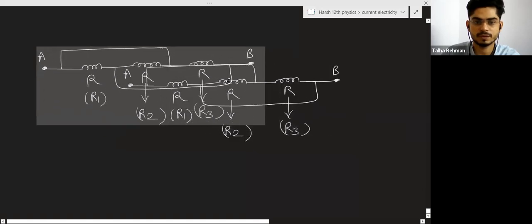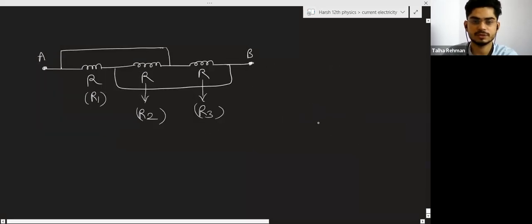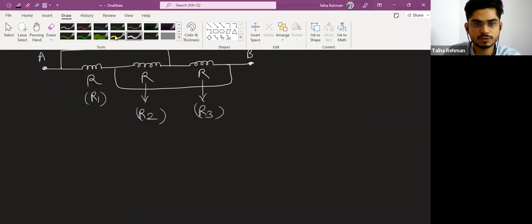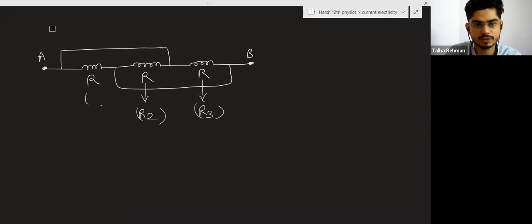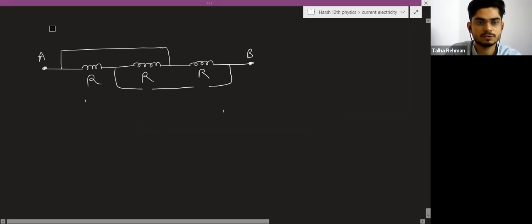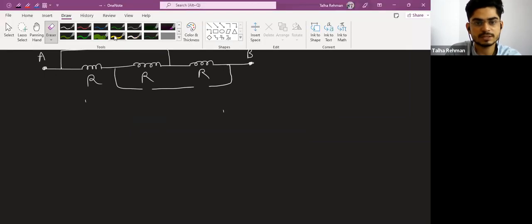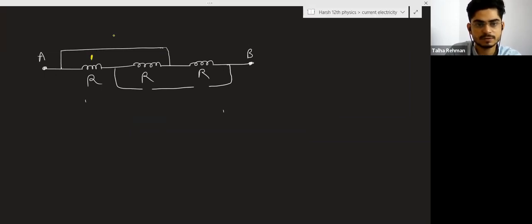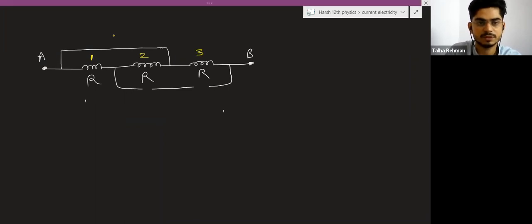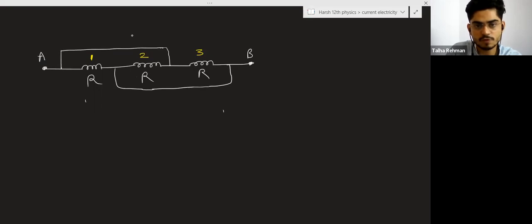No problem. So suppose I'm removing this from here. You can name this as resistance 1, this as resistance 2, this as resistance 3, and we will see which type of combination this is.